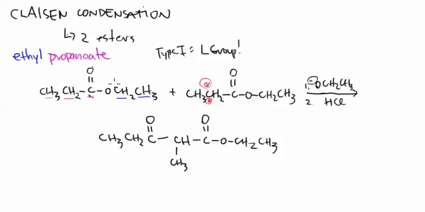So if I look, this ethyl portion of the ester is deleted, and one of these hydrogens is deleted, and this generates CH3CH2OH for me as a byproduct. But these reagents allow me to splice these two esters together, and that is the reason that that happens.